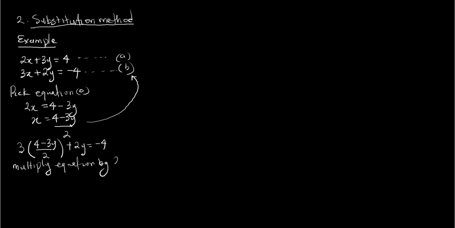by 2. If we do that, we're going to have 3 into 4 minus 3y plus, we're multiplying by 2, so we get 4y is equal to minus 8. So if we multiply through to open up the bracket, we have 12 minus 9y plus 4y is equal to minus 8.